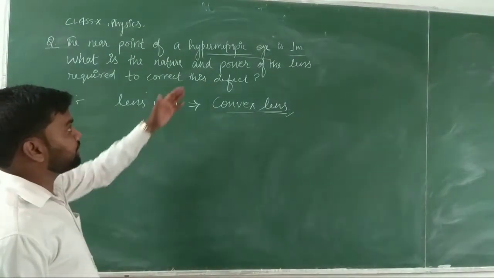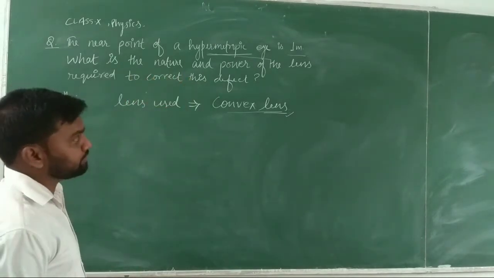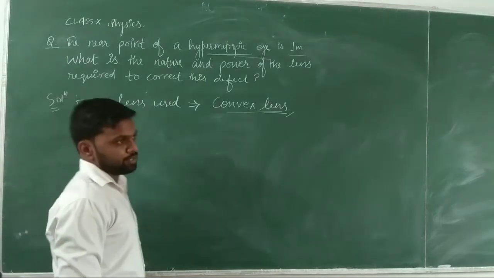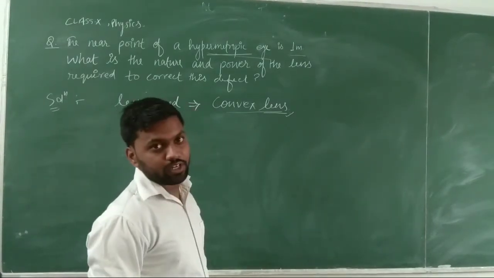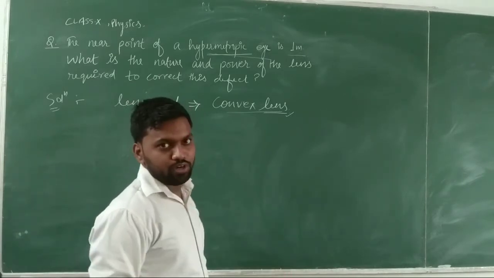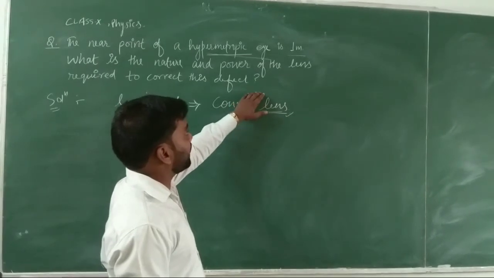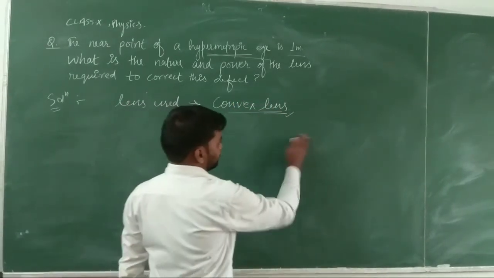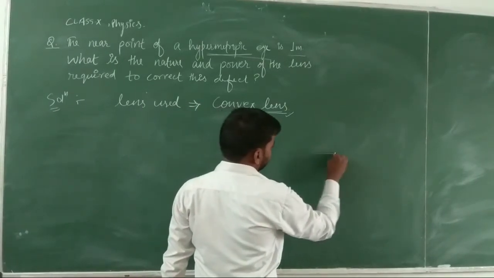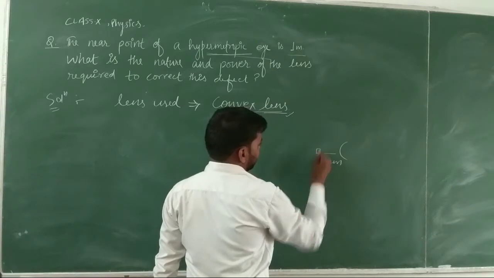First of all, we need to understand the numerical. It is saying that the near point of an hypermetropic eye is 1 meter. Now what is hypermetropia? Hypermetropia is a kind of defect in which we cannot read a book near to us, because the near point of our eyes shifted to more distance. Suppose your eye can see up to 25 centimeters, we can read a book at this place.